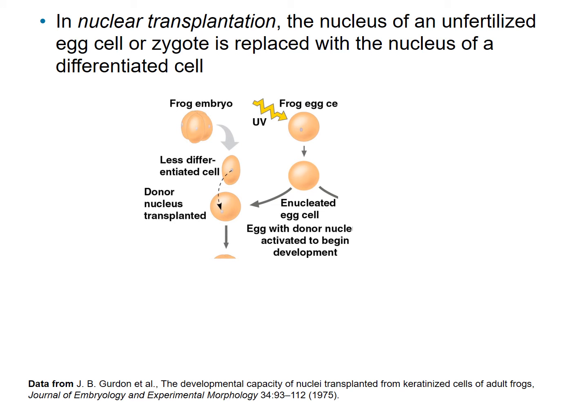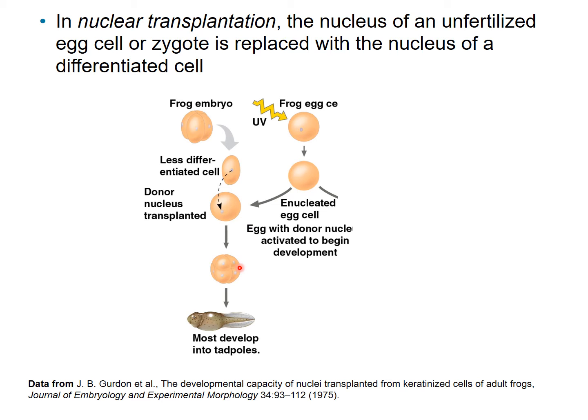Here, what the group did was compare first a frog embryo with a less differentiated cell, taking the nucleus from the less differentiated cell and injecting it into the enucleated cell, which is this one right here. So that's going to be the recipient, and now we have the donor. The donor nucleus is injected into the recipient cell.